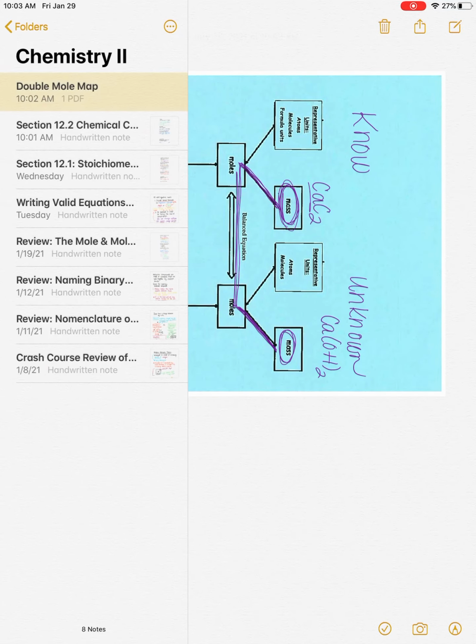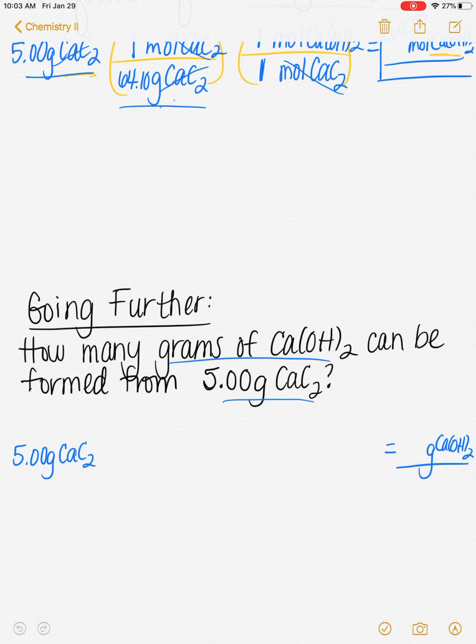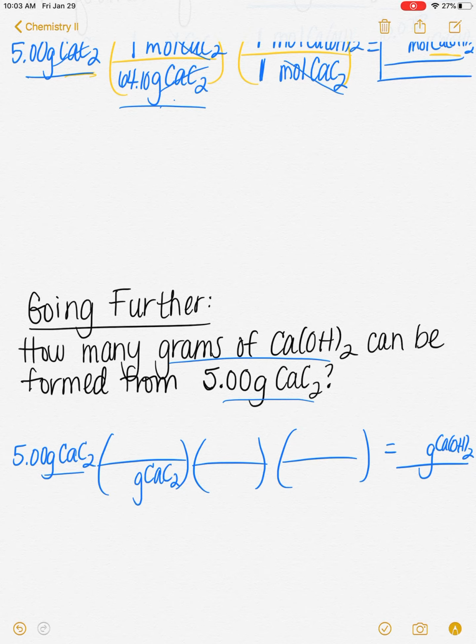All right, let's go to our problem then. Let's draw in our 3 conversion factors. So in the first conversion factor, I have units of grams of CaC2 that I'm starting in, and I don't want that, so I'm going to put that on the bottom. I'm going to put moles of CaC2 on top. I do not want to be in moles of CaC2, so I'm going to put that on the bottom.